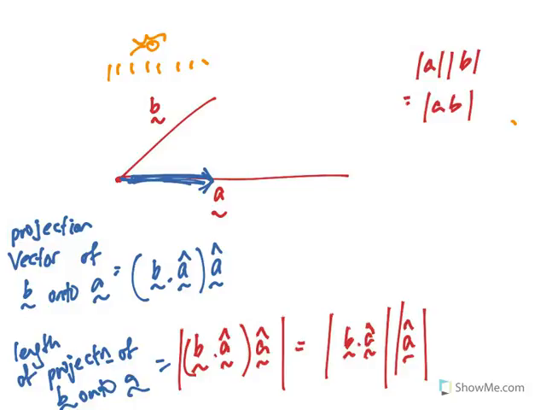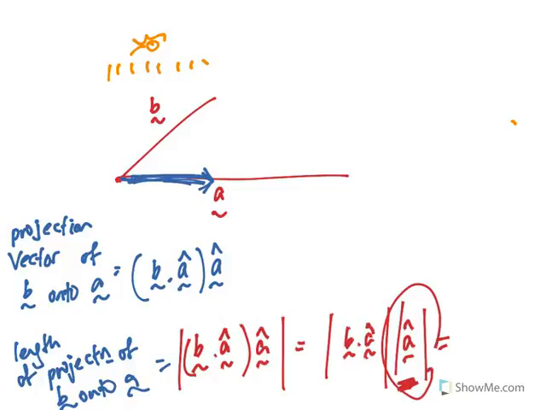So with that, what is this? 1. Why is it 1? Because it's a unit vector. A unit vector has unit length 1. So that's why you see in the notes they don't even put this down. It's just B dot A hat, as in the question in your notes.